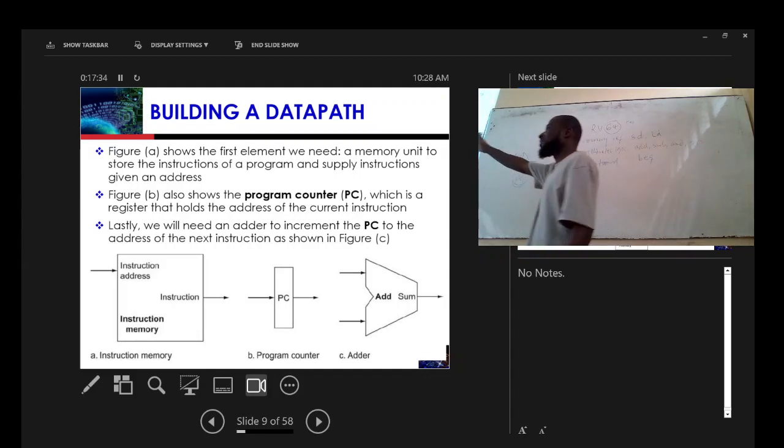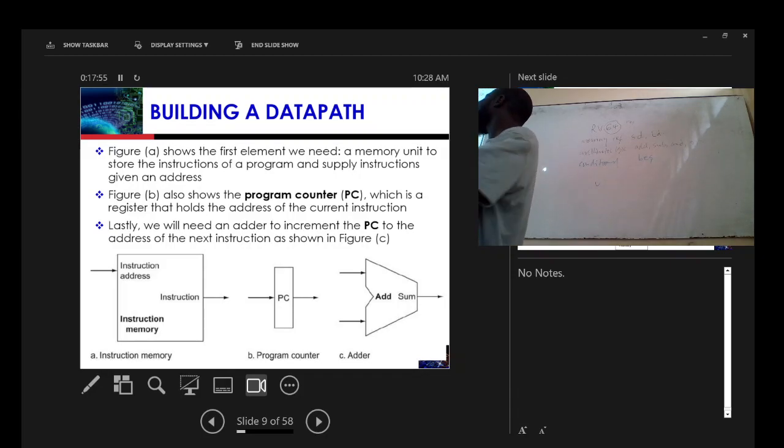So what does the instruction memory do? That's as simple as that. PC, next question. What does the PC do? Please hurry up. What does the PC do?